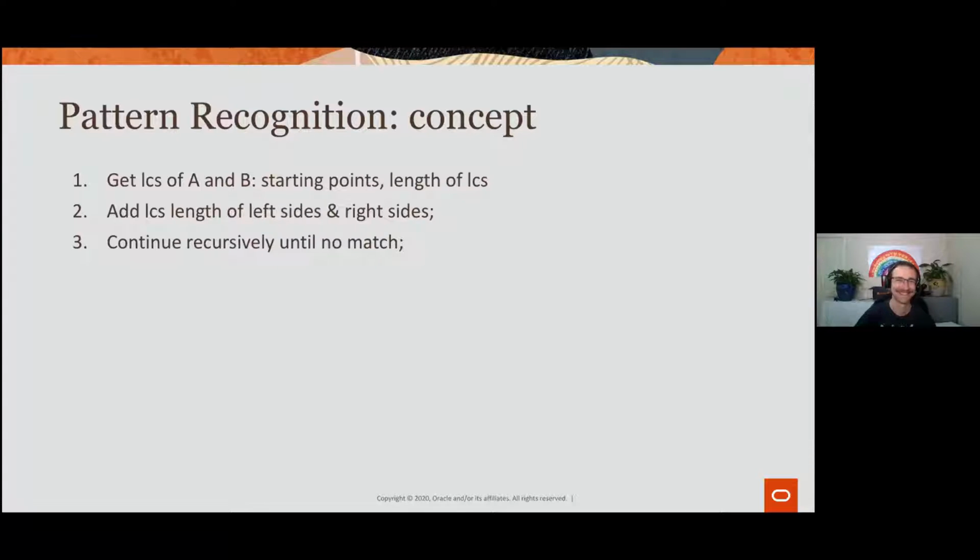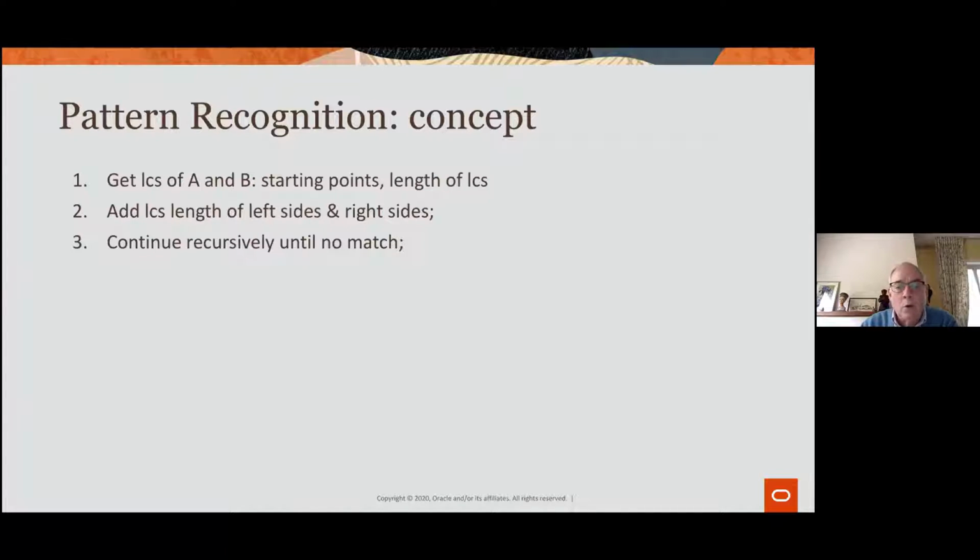So let's go on to pattern recognition. Now, the concept here is that you get the longest common substring of A and B, get the starting points in each string and the length. Then you add all of the LCS variables, length and starting points, of the left sides of each string and the right sides.